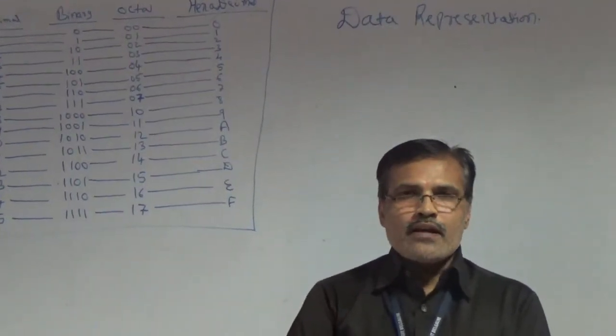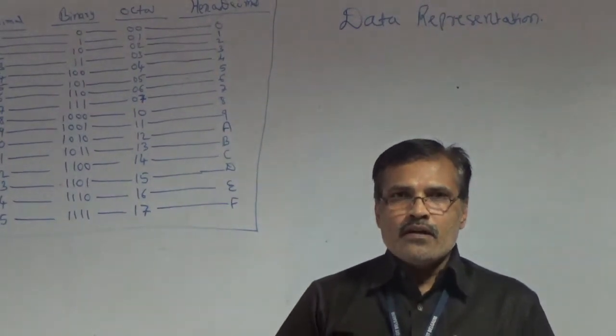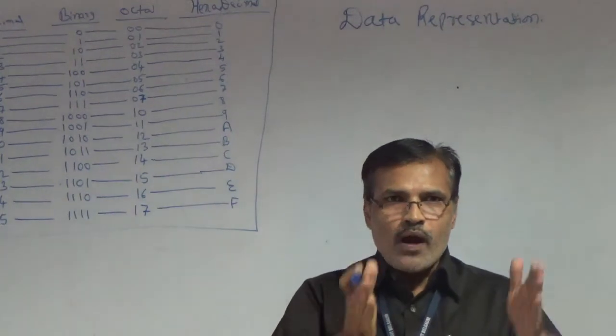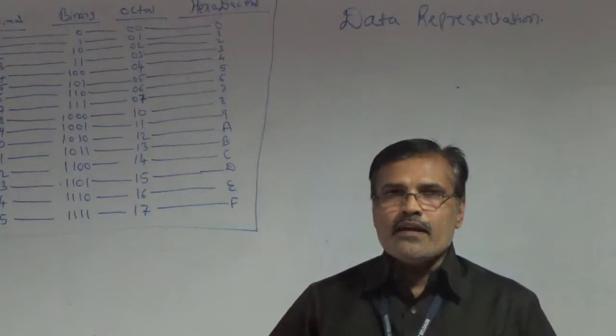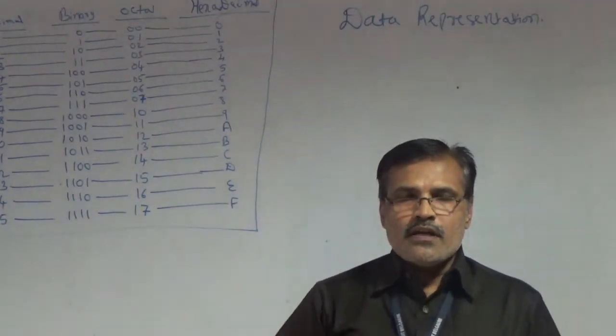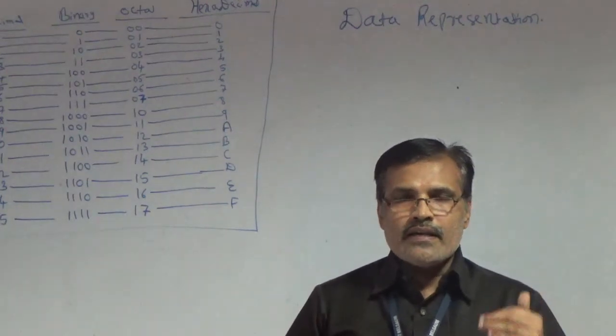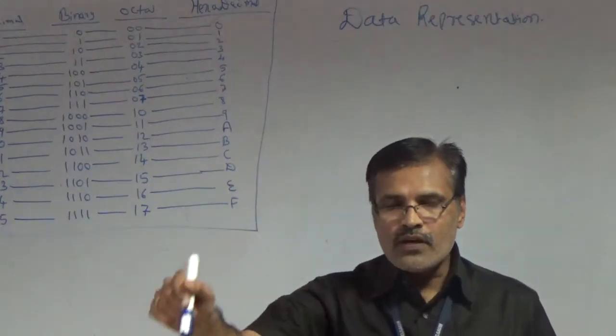With respect to data representation, there are two viewpoints here. One is internal representation, and the other is external representation. Internal representation means how the data is stored in the memory hardware of your computer.